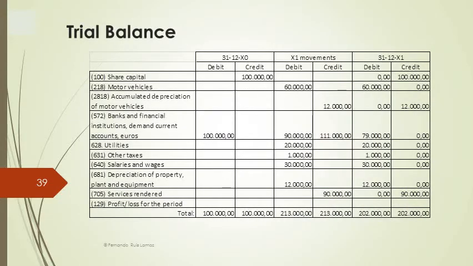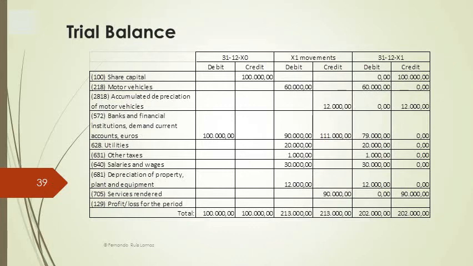The trial balance discloses in a single document the balances of all the accounts and their movements during the fiscal year. It means that the trial balance is a compilation of the general ledger of every account, disclosed in each row. The first column refers to the name of the account. The next two columns show the balance of the account at the beginning of period, debit for assets and credit for liabilities and equity accounts.